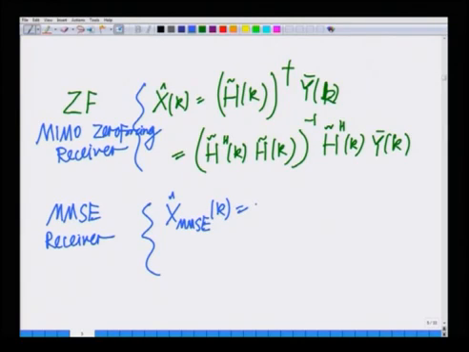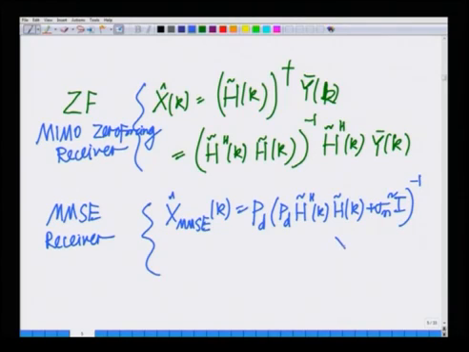The MMSE receiver is given as follows: PD, that is the data power PD, h tilde Hermitian k h tilde k plus sigma n square identity, inverse, into h tilde Hermitian k into y bar of k.